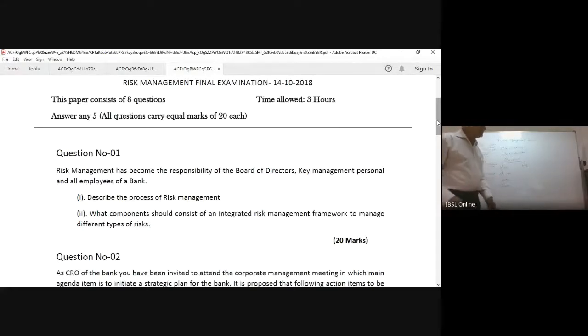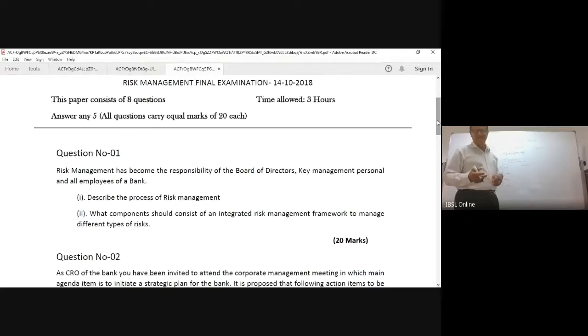So in this space, IRM is integrated risk management. This is a risk management process, but integrated means we combine all the risk types together and manage them with a framework issued by the Central Bank of Sri Lanka.